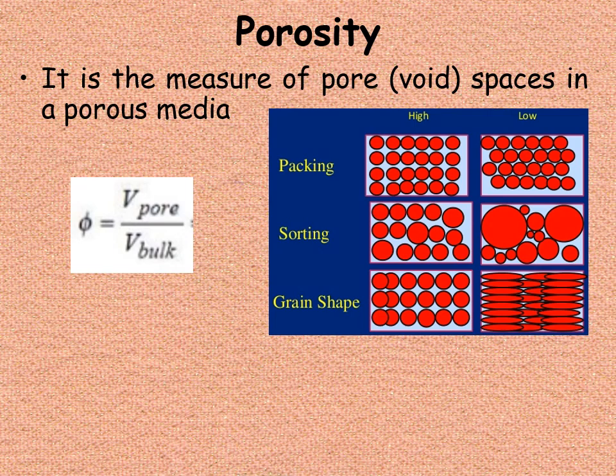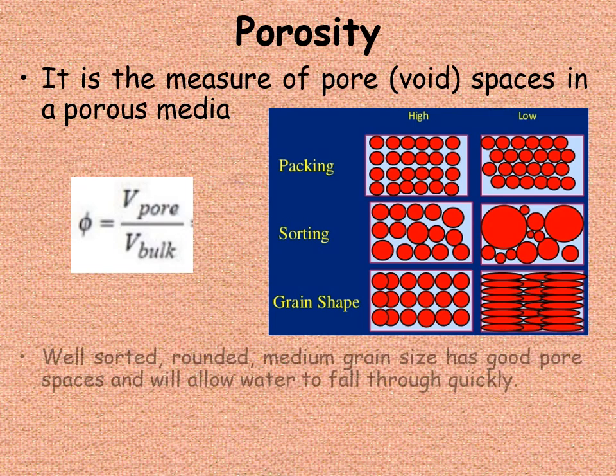Porosity is also dependent on grain shape. If grain shape is spherical, then empty spaces are much higher in volume, while if the grain shapes are tabular or bladed, there is less amount of empty or void spaces, which is a measure of porosity. So porosity is dependent on these three factors.